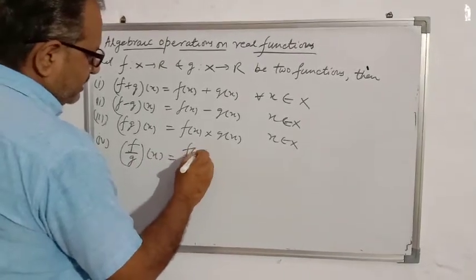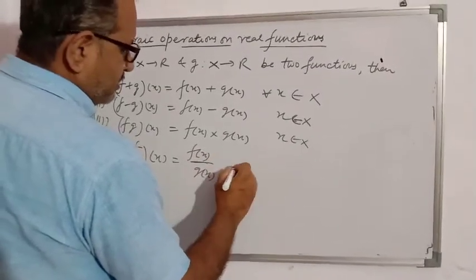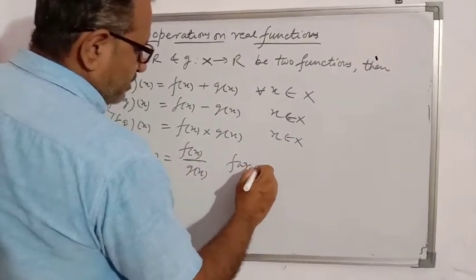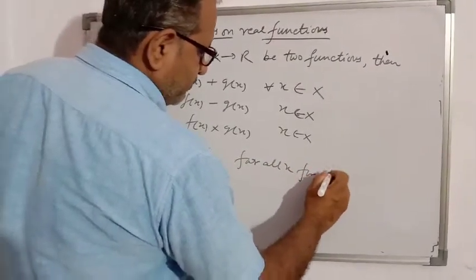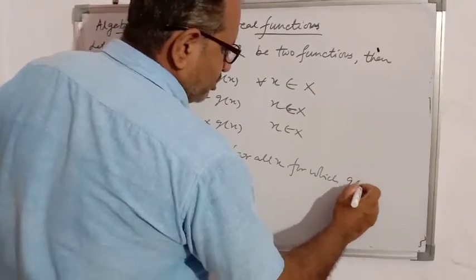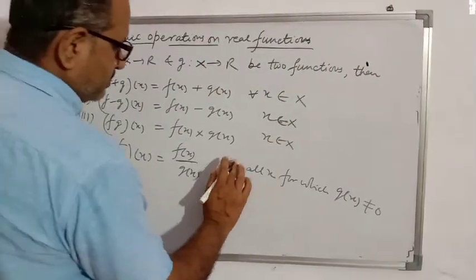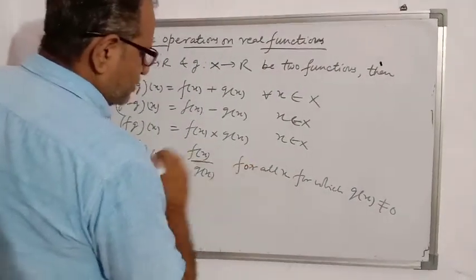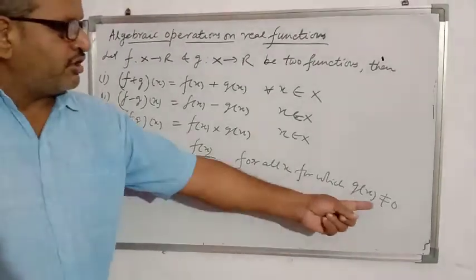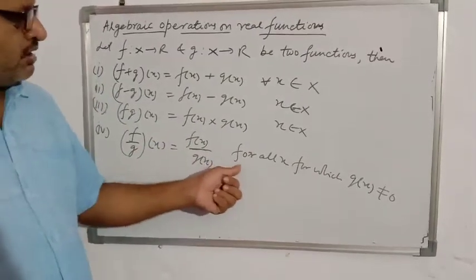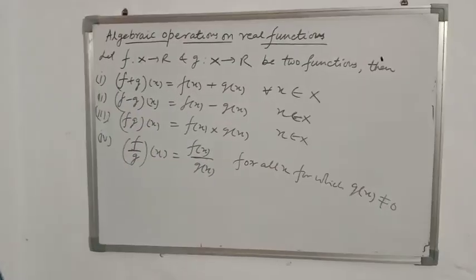So we will write it f(x) upon g(x) for all x for which g(x) is not equal to 0. g(x) cannot be 0. So it is defined for all the values of domain X for which g(x) is not equal to 0.